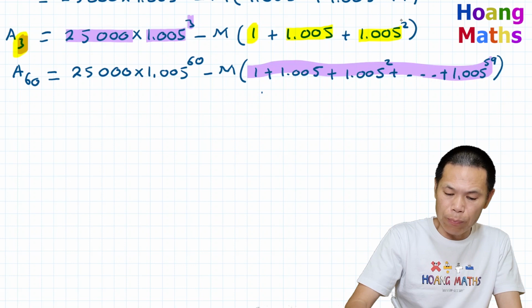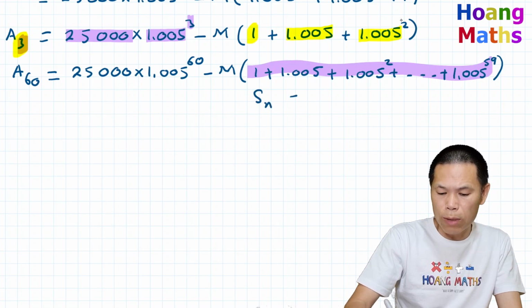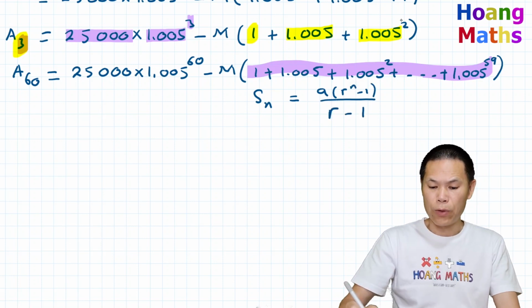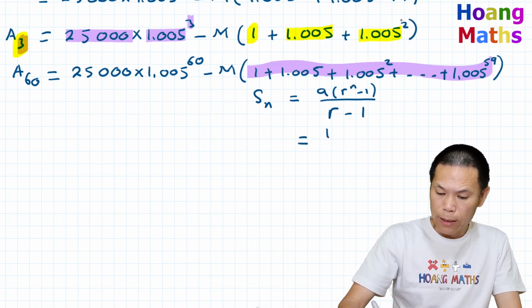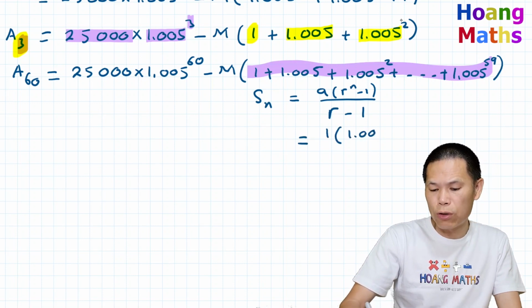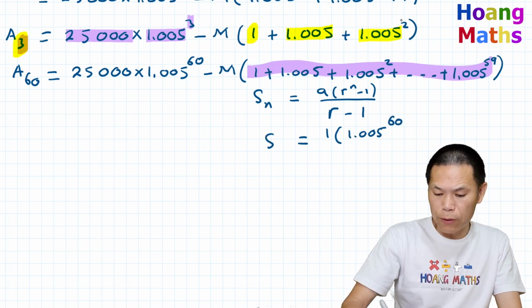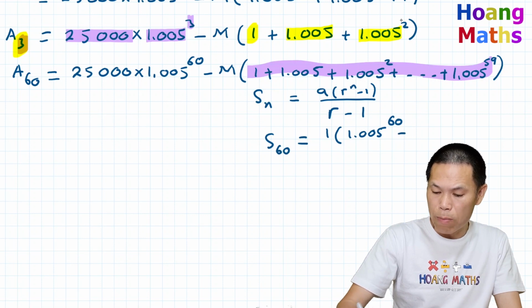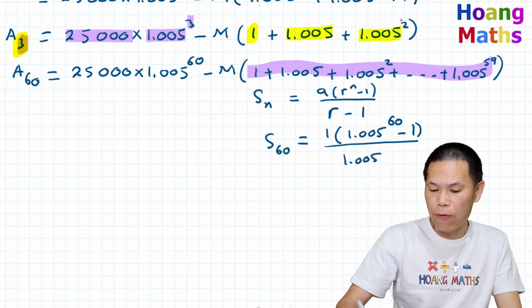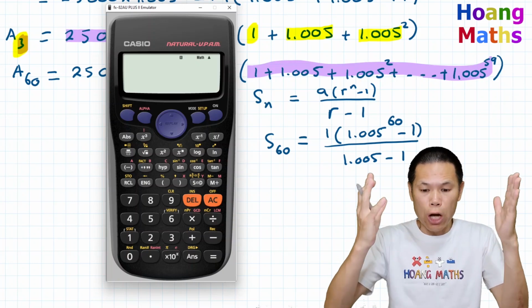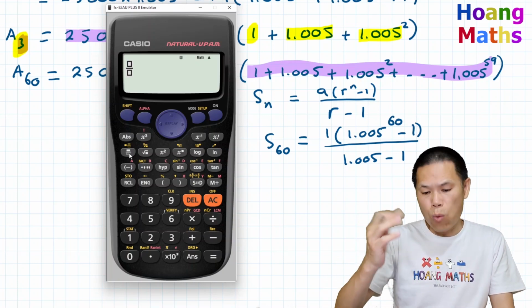So now I can add this up. S of n, I'm using this formula here, is a times r power of n minus 1 over r minus 1. So what I do, a is 1, r is 1.005 power of 60, because I want to find the sum of the 60 terms. And then we minus 1 over 1.005 minus 1. So now I put down a calculator. I just go fractions with the 1, I can ignore.